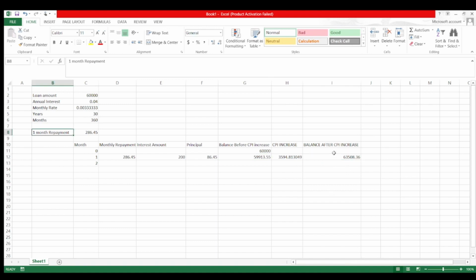We've actually made a mistake in this context, since we assumed that the CPI increase was after the first month. This CPI increase happens at the end of the first year. So we need to remove this and proceed all the way to the 12th month.